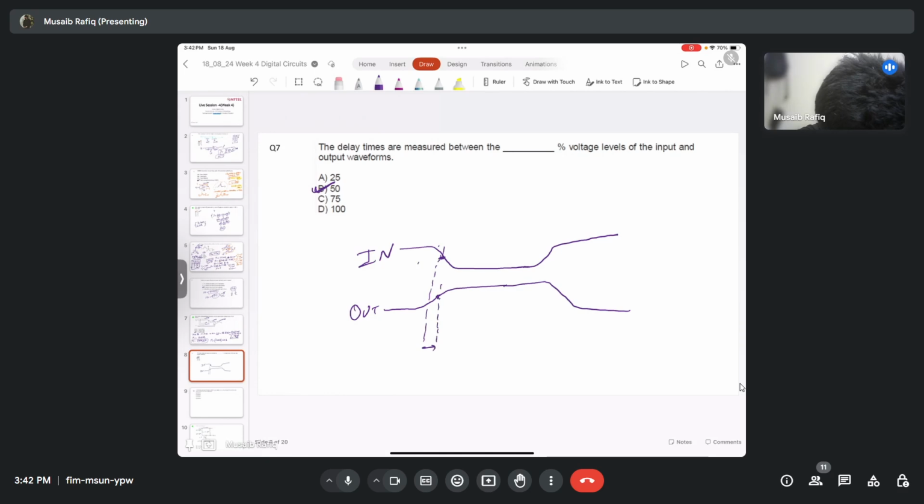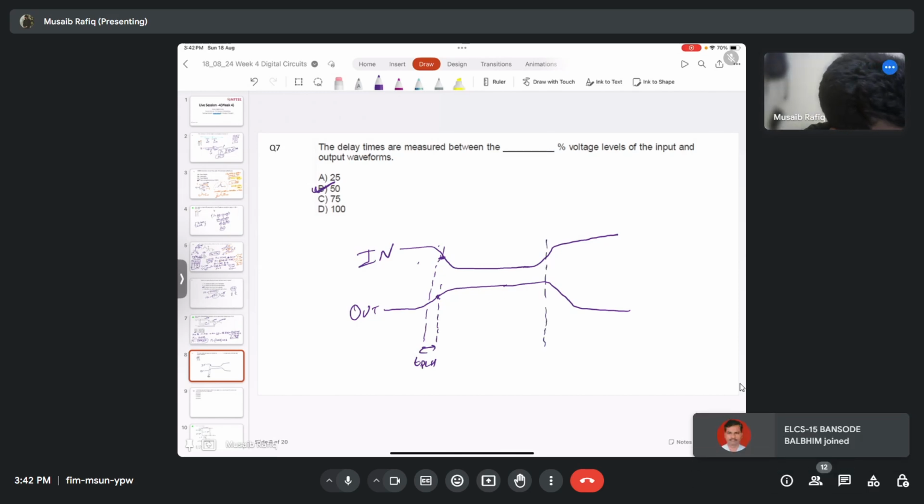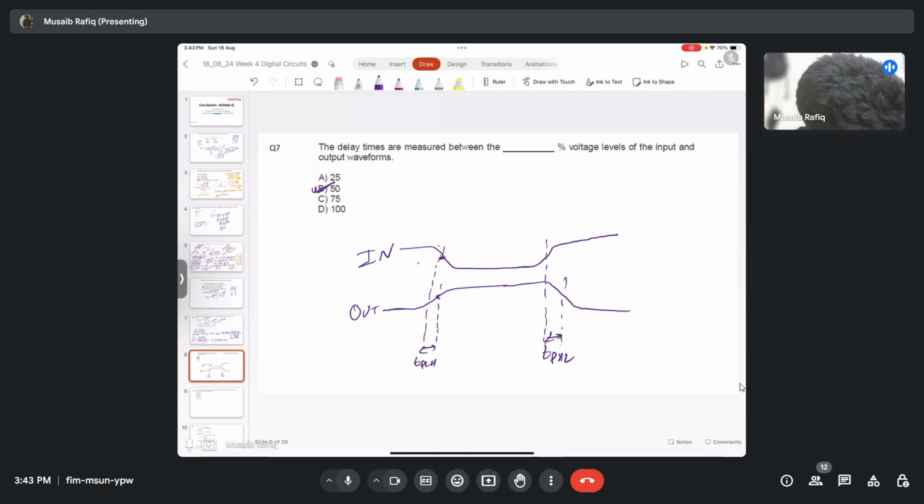So this is defined as TPLH, that is propagation delay from low to high, and this is defined as propagation delay from high to low. Basically, the output makes a transition from low to high, and then from high to low. And the overall delay is then defined as (TPHL plus TPLH) divided by 2.